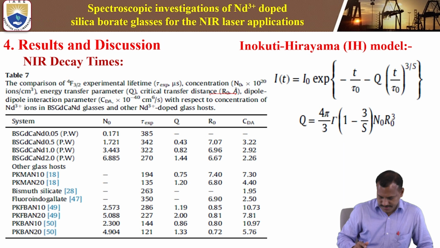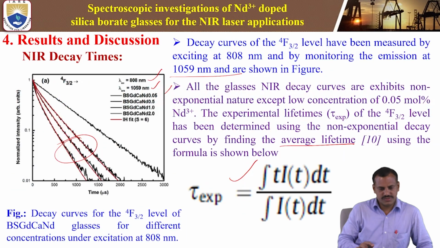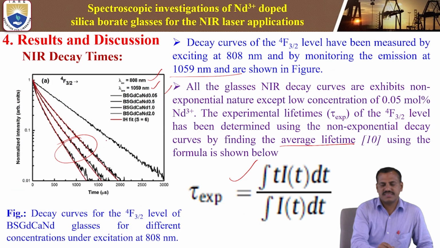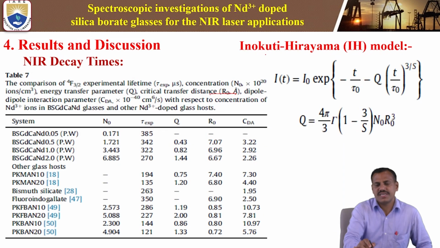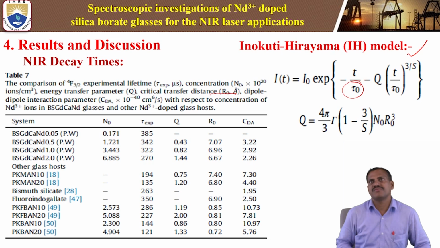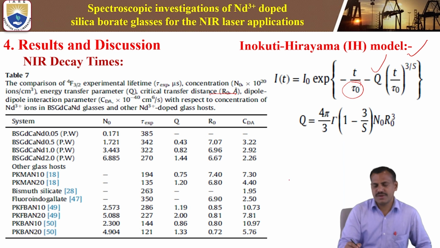This non-exponential nature is well fitted with the Inokuti-Hirayama model, the IH model, using the equation I(t) equals I0 exponential of minus t by tau naught, with the energy transfer term. Tau naught is the decay lifetime of Nd3+ at low concentration. Q is the energy transfer parameter, and S is the multipolar index of the Inokuti-Hirayama model. If S equals 6, it shows dipole-dipole nature.